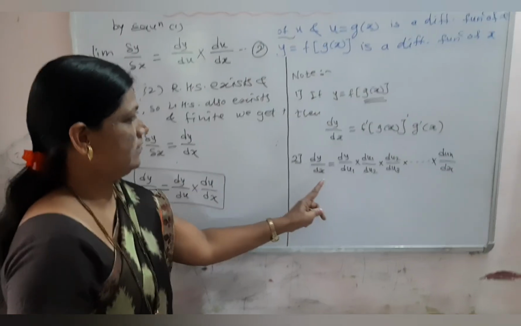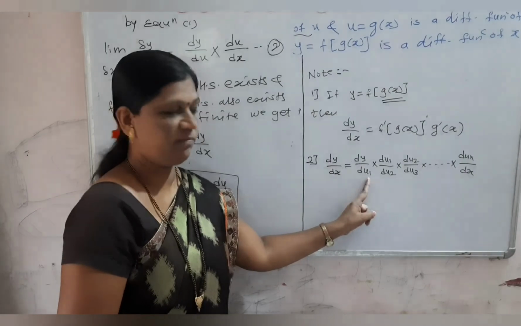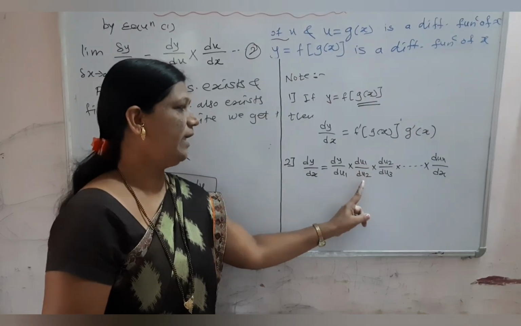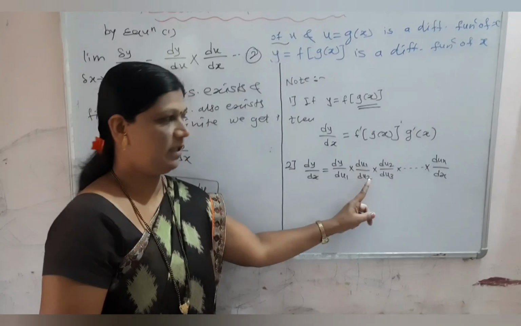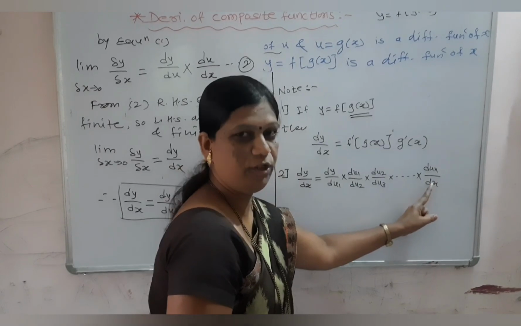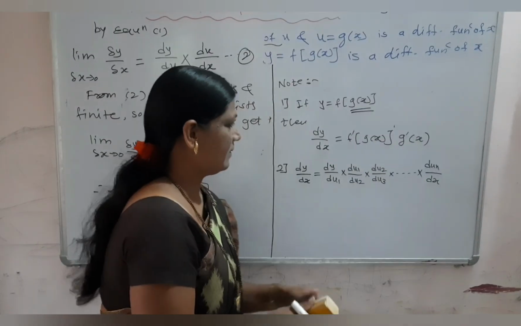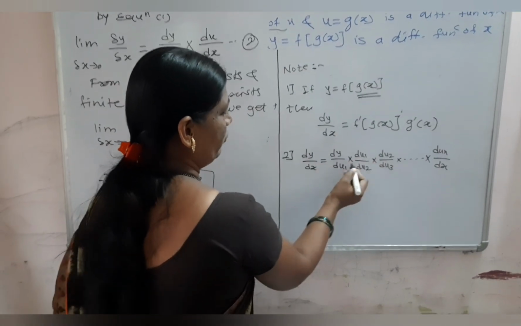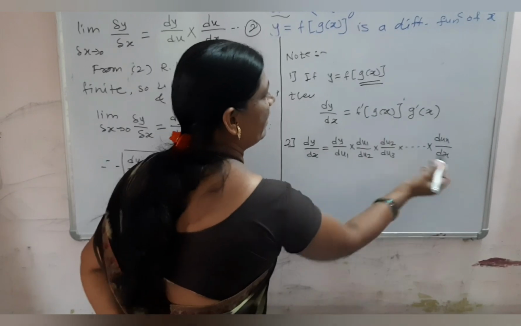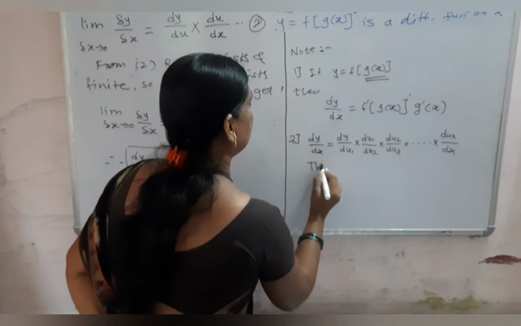So dy by dx equal to, here dy by du1 means y is a differentiable function of u1. Then du1 by du2 means u1 is a differentiable function of u2, and in this way u1 is a differentiable function of x. So du1, du2 all get cancelled, and dy by dx remains. So this is called a chain rule.